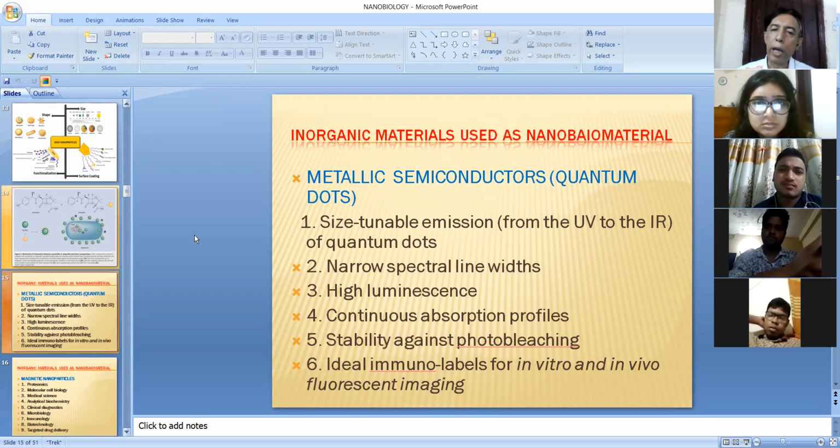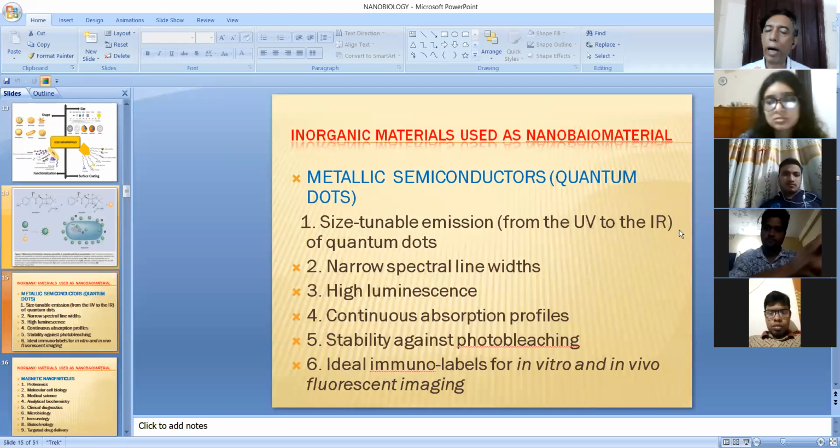They also have detecting properties. We can detect them easily. You see, the size-tunable emission of quantum dots means it emits in the UV or IR region of the wave, and we can detect it.